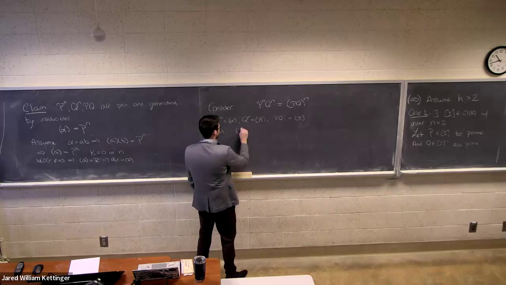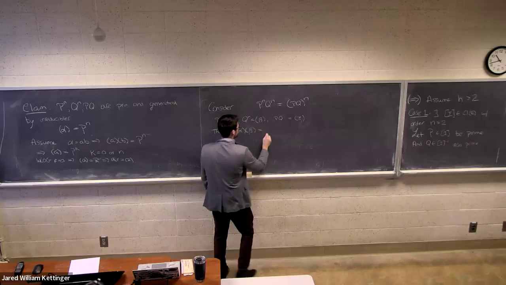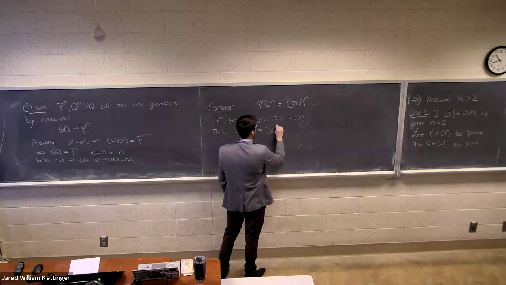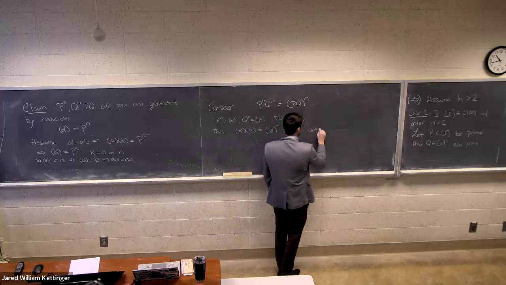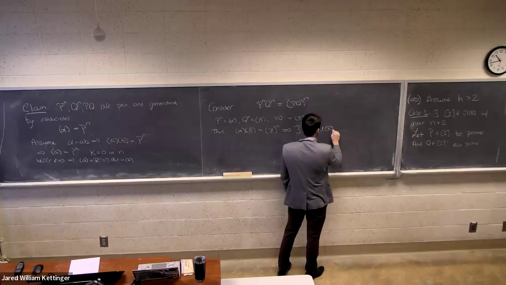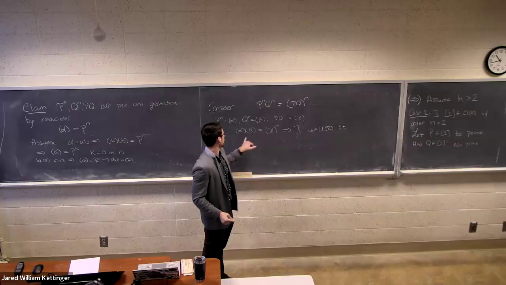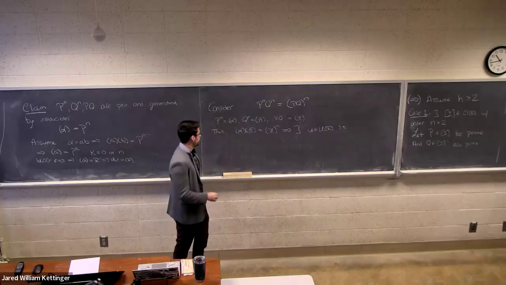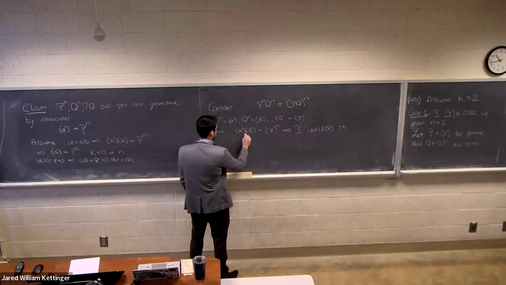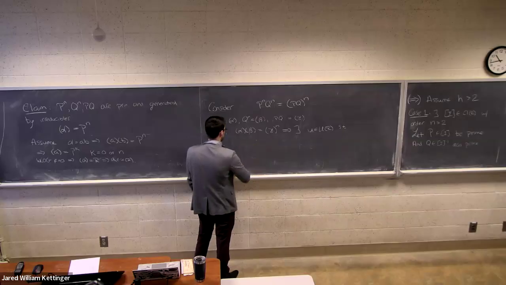Thus, so just turning these to the principal ideals that they generate. This implies, of course, this is the ideal generated by alpha beta, and this is the ideal generated by gamma to the n.